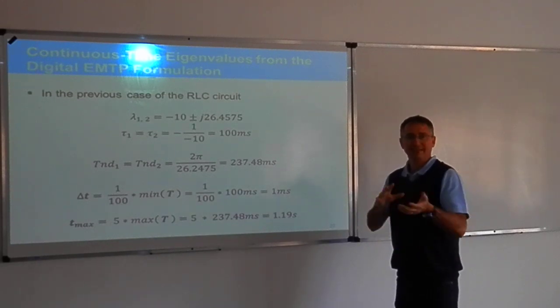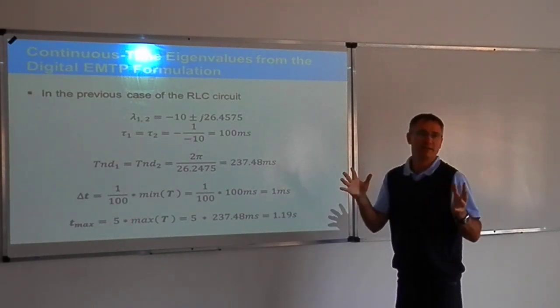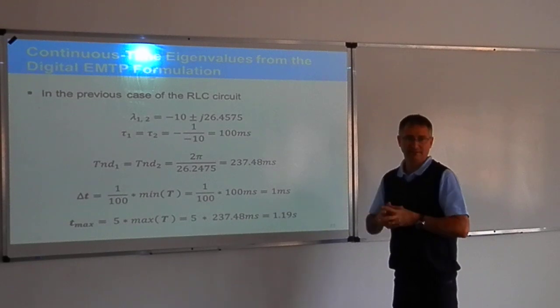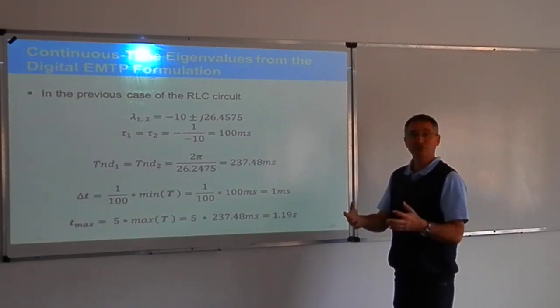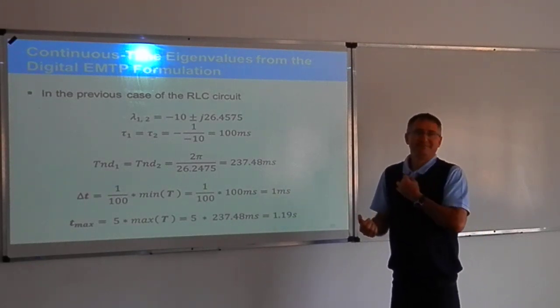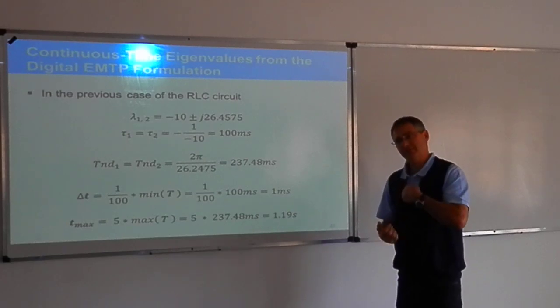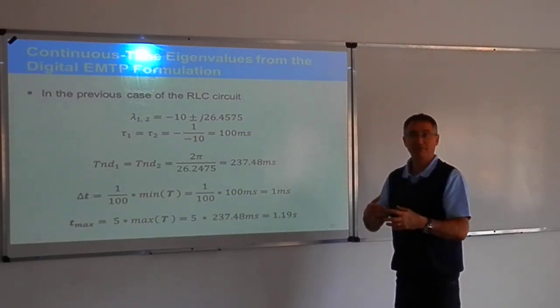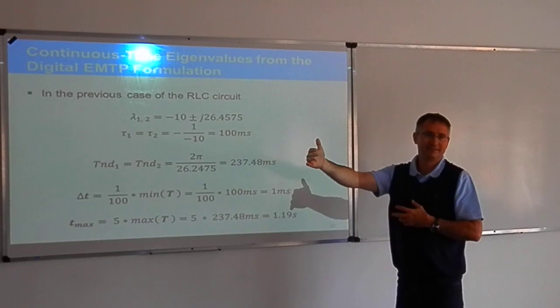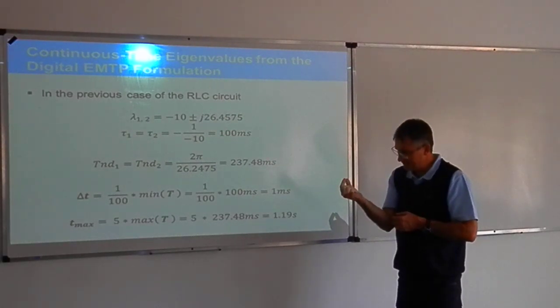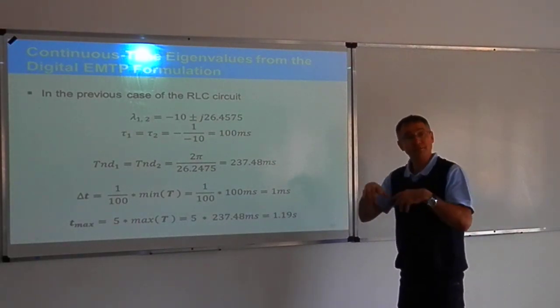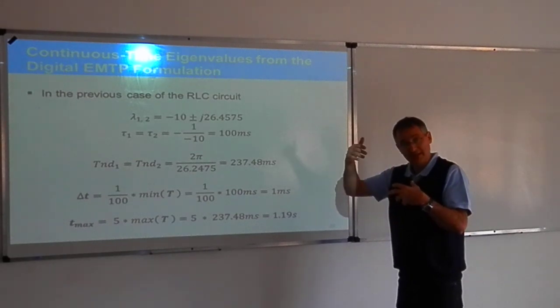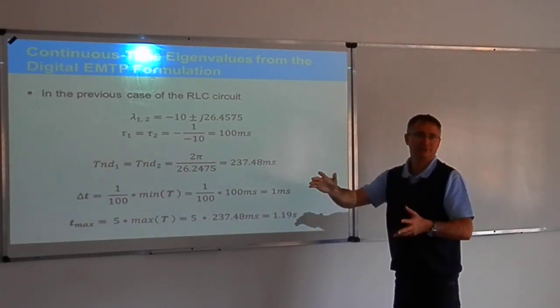That's not a calculated or estimated time constant. It's the real time constant. And then you take the minimum, because your minimum time constant represents the fastest dynamics. Then you choose the smaller delta t that is able to represent the fastest dynamics you have in the circuit.